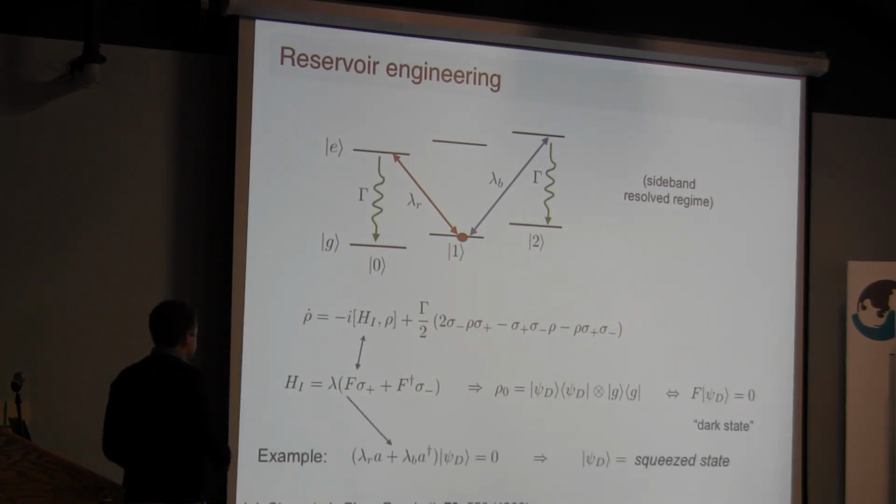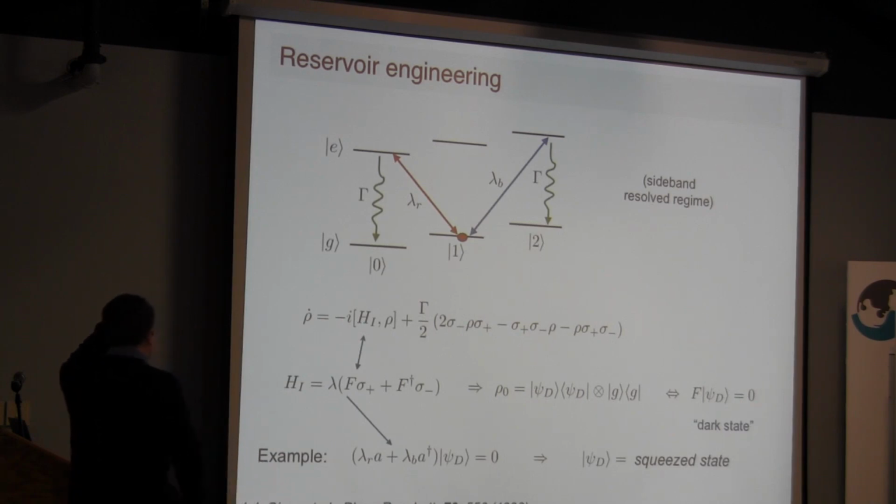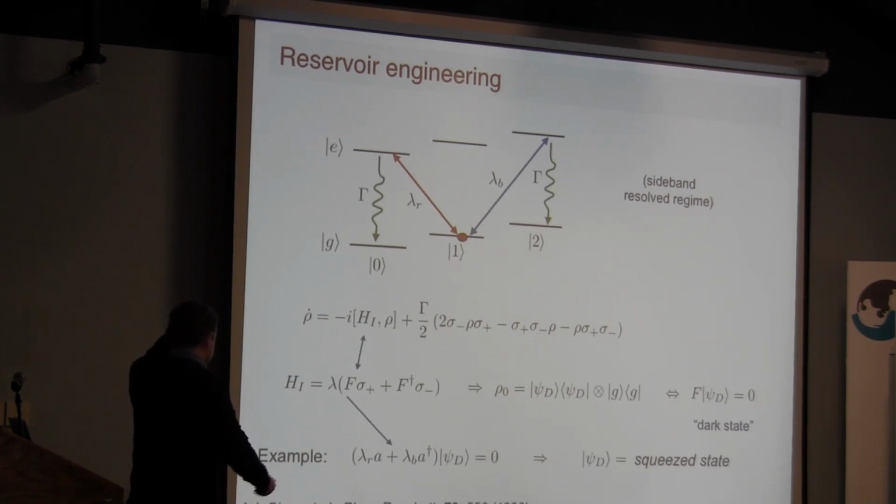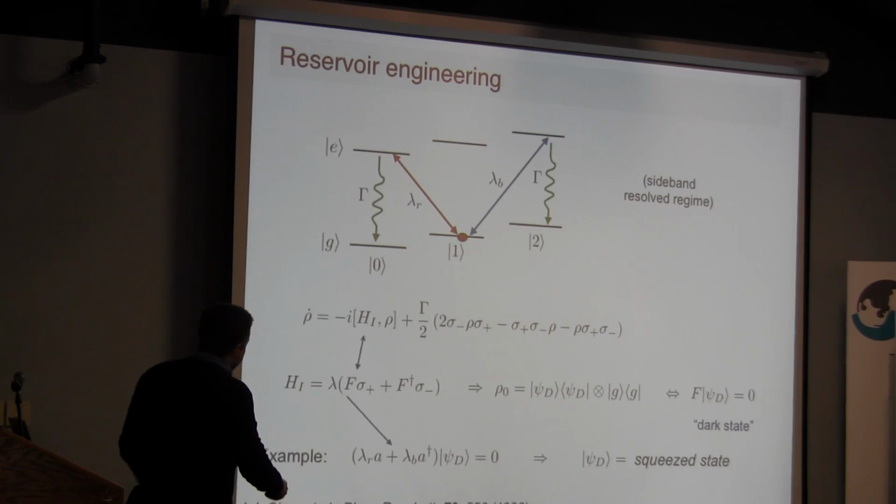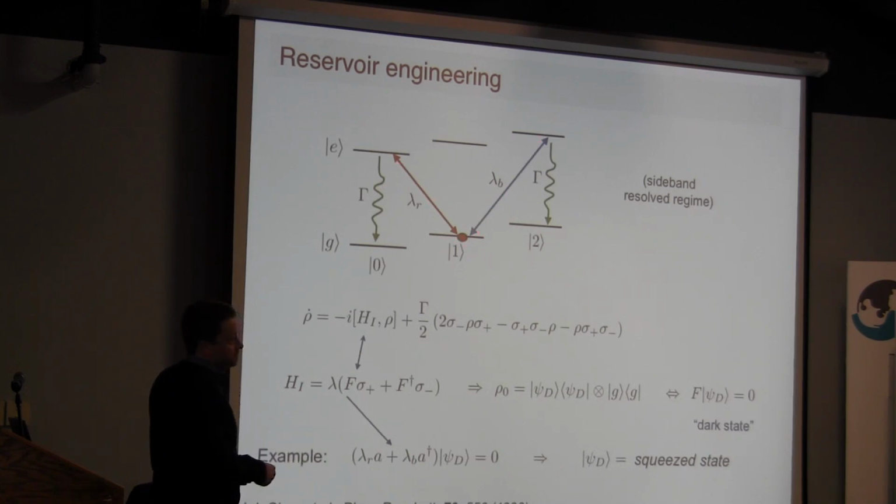And now the basic example, which was pointed out in a very early paper by Cirac and Peter Zoller, is if I have now, in my scheme, on one hand the red sideband, and I add this blue sideband. So my excitation is now not only on the red side, but simultaneously on the blue side.